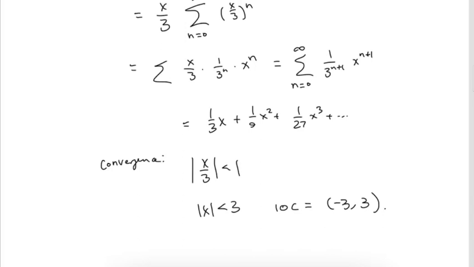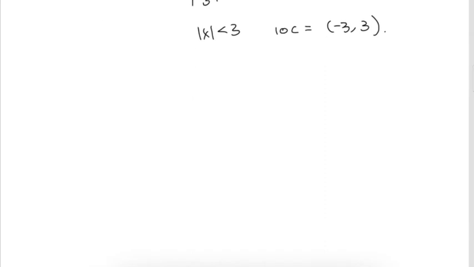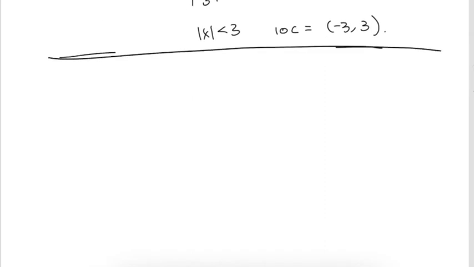This one was not terribly different from the previous one we did. I got one more, and then I have some for you to try. Let's try x over 1 minus 2x squared. The x on the top is just kind of window dressing, right?